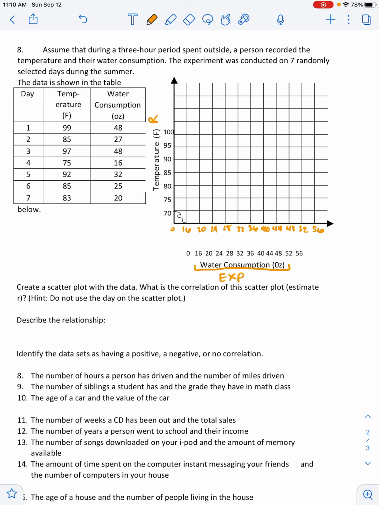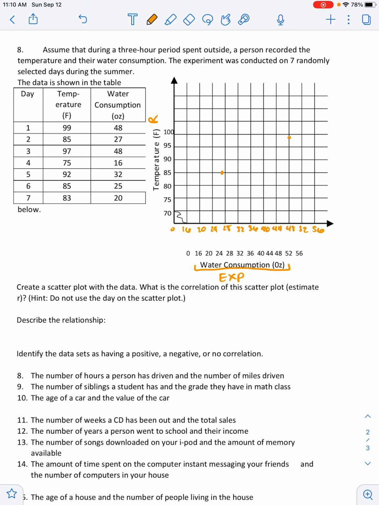All right, now I'm ready. So let's go ahead and plot this. The first one, water consumption is 48 and temperature is 99. So 48 up to 99. Water consumption is 27, temperature is 85. So 27 and 85.